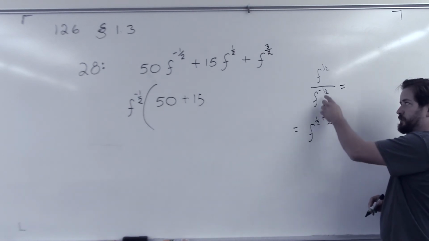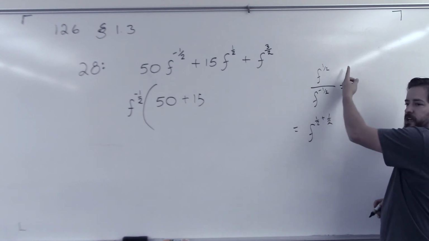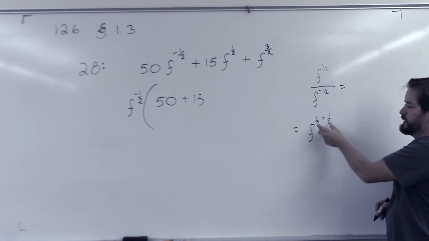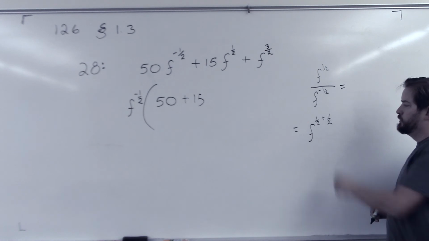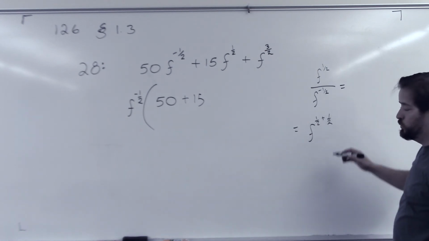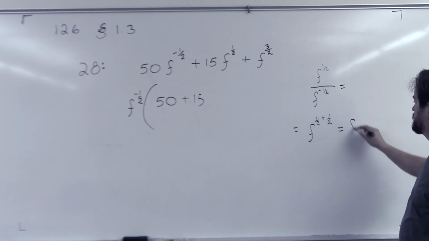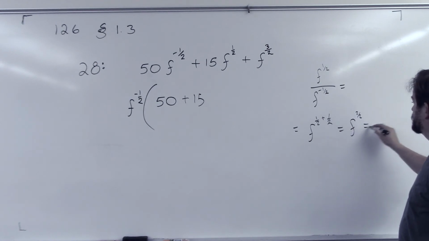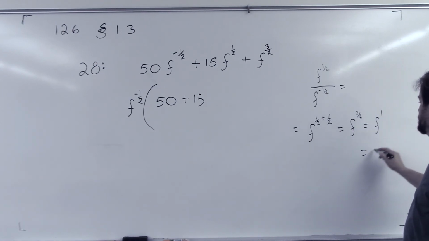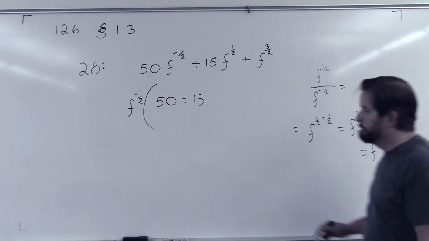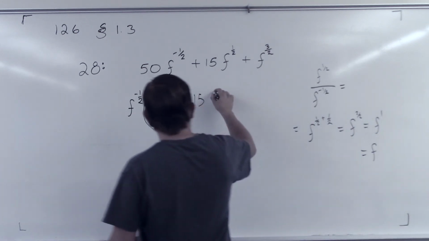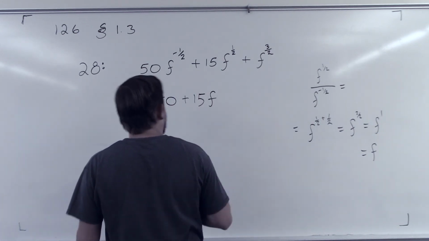There's that double negative, that negative 1/2 is like coming up into the numerator as a plus, so I'm really going to add these guys. 1/2 plus 1/2 is 2/2. Or just f to the 1, which is just f, right? So this 15 is tacked on to f.